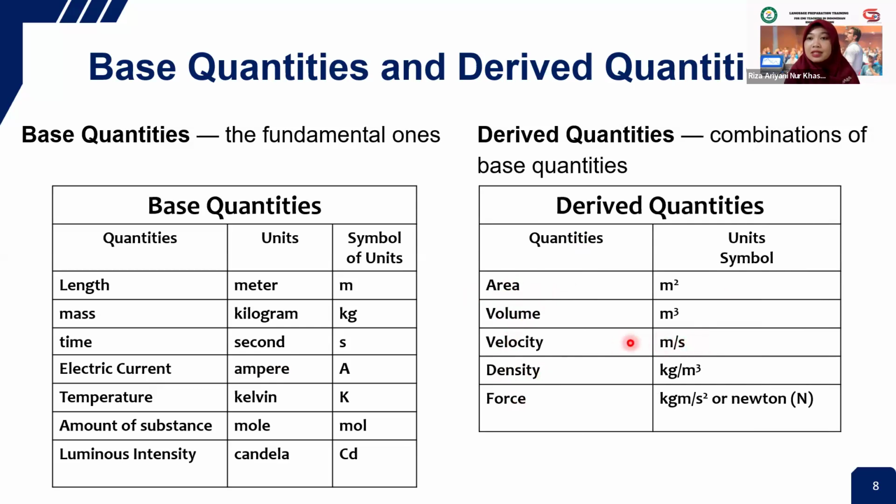The unit of velocity is meter per second. It's clear that velocity comes from length, which is displacement, and time, which is the time interval. Okay, so the unit is meter per second. Got it? Good.